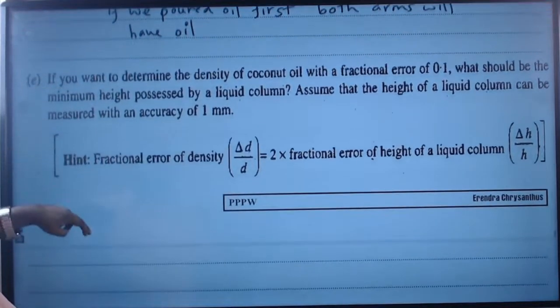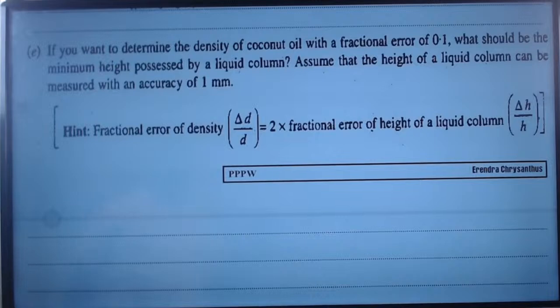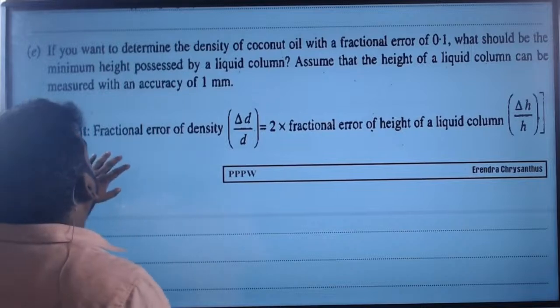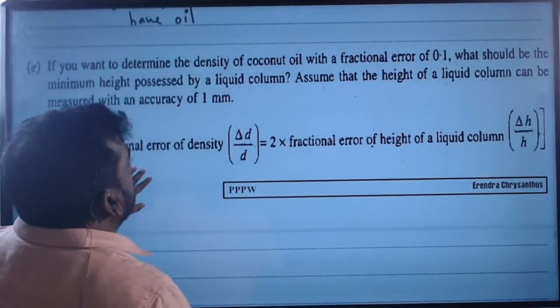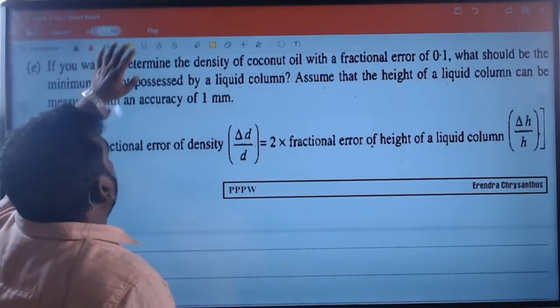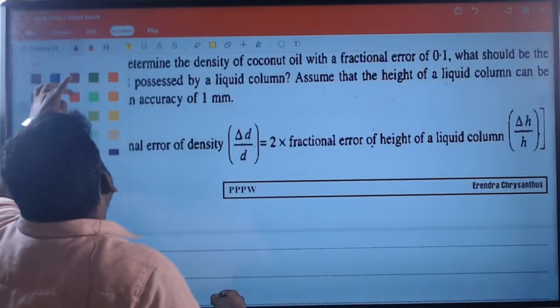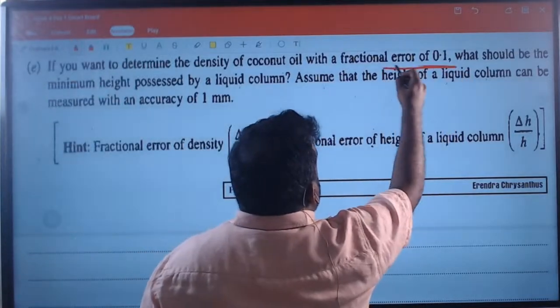Next one. If you want to determine the density of coconut oil with a fractional error 0.1, what should be the minimum height possessed by the liquid column? Assume that the height of the liquid column is measured with accuracy 1 millimeter. So they are giving you some important keywords. Fractional error is 0.1.